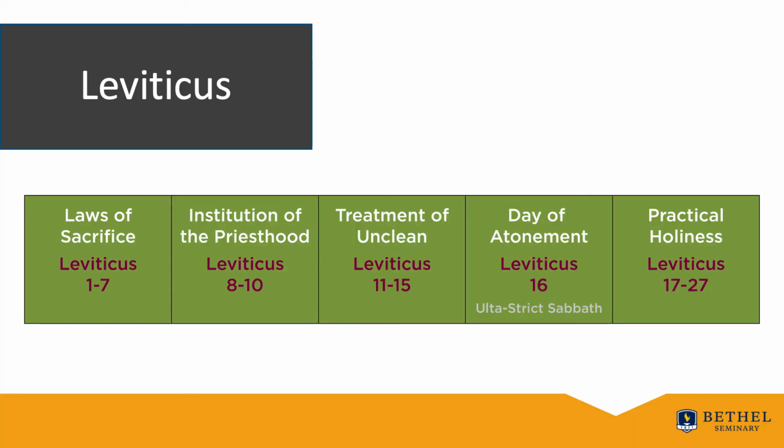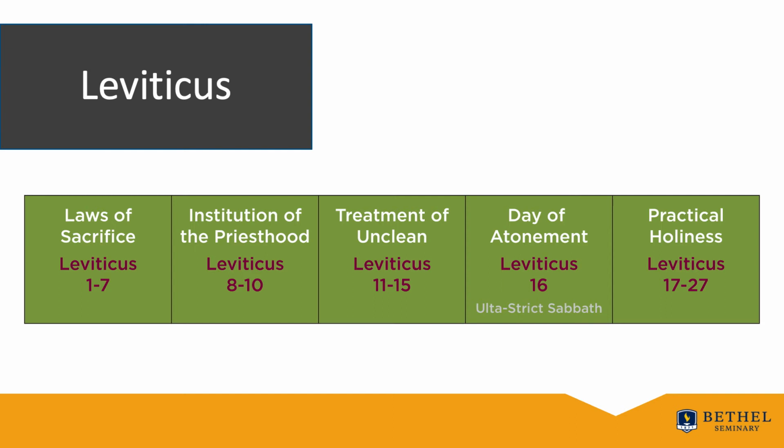As the table shows, Leviticus chapters 1 to 7 introduce the laws on sacrifice. Then Leviticus chapters 8 to 10 bring out the institution of the priesthood. Then Leviticus chapters 11 to 15 focus on the treatment of uncleanness.